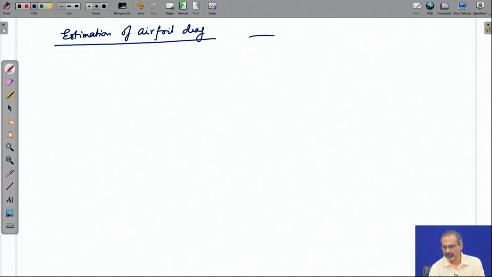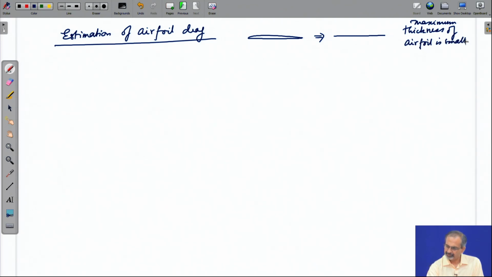So, we are talking about thin airfoils, and it will not be a very big approximation if we start off our calculations by assuming that we can approximate it to a flat plate, provided that the maximum thickness of the airfoil is small and alpha is also small.